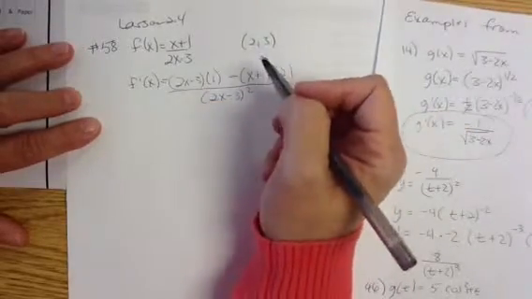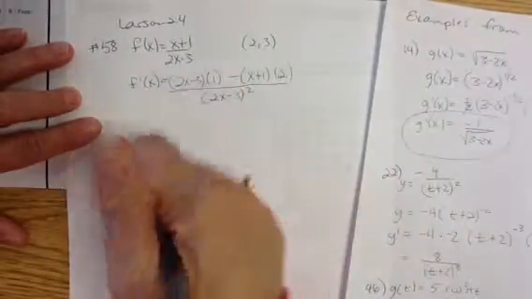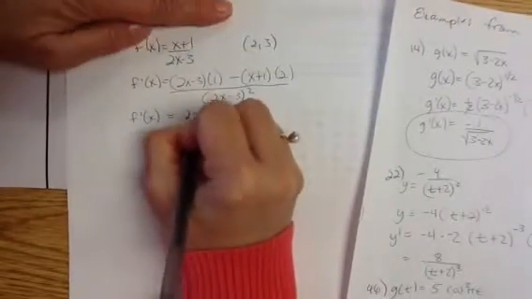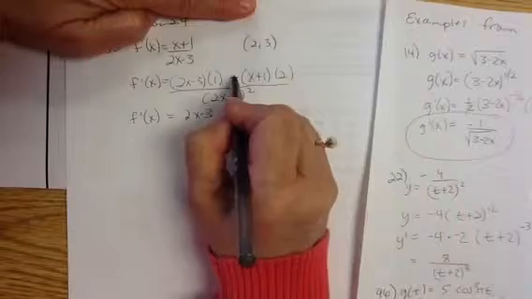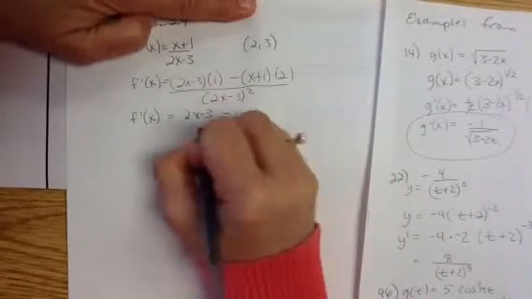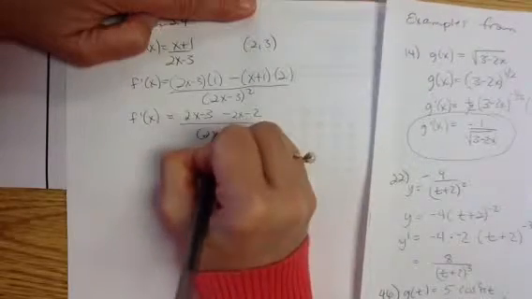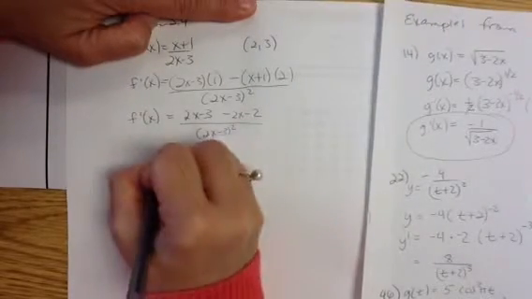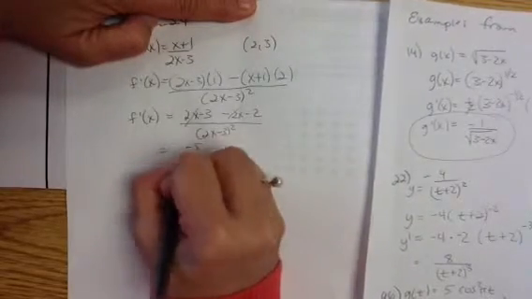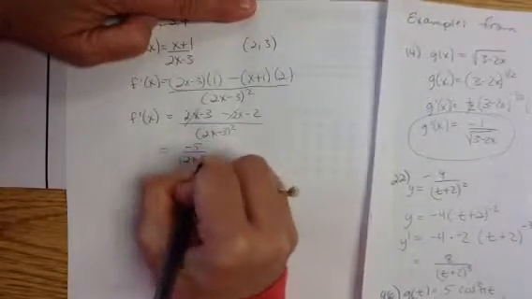Now, because they want us to evaluate the point, we could just plug it in, but I might want to do some simplifying first. So I have 2x minus 3. Keep in mind, it's minus this whole thing. So minus 2x minus 2 all over 2x minus 3 squared. Now I end up with the 2x's going away, and I end up with minus 5 over 2x minus 3 squared.